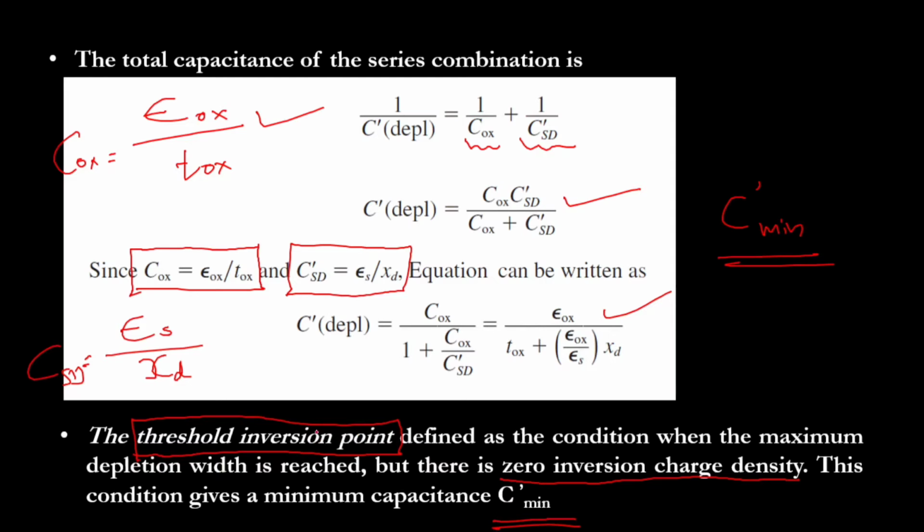It's a very important concept. Threshold inversion point is nothing but this: we apply a positive voltage to the gate terminal, and a depletion region is created, and I keep increasing the positive voltage.